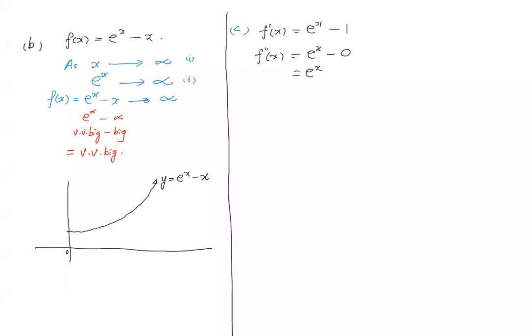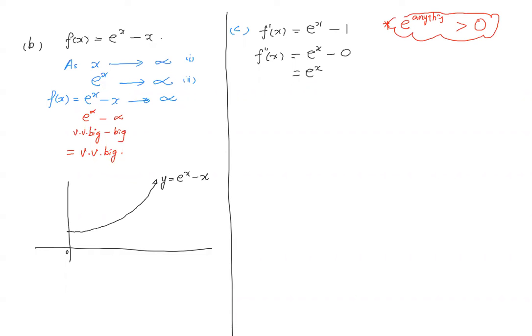So this one is very easy. We know the true facts about e to the power of something. So what is the true fact about e to the power of something? E to the power of anything is always greater than 0. Am I right? So this is the true fact that you and me must bear in mind.